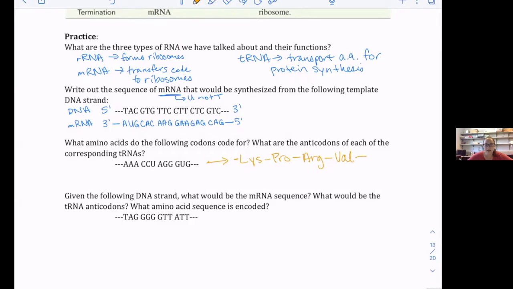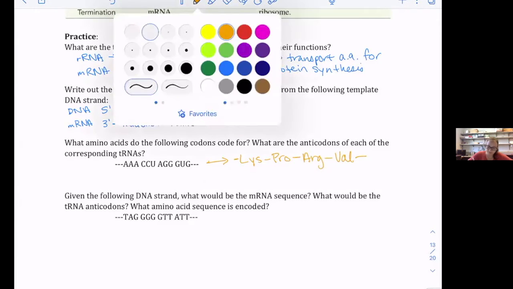Okay, and then what are the anticodons for each of the corresponding tRNAs? And so the anticodons are going to be the opposites again. And so they're going to be RNA as well, and then the corresponding base pairs.